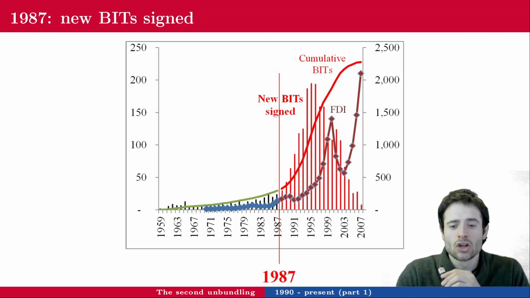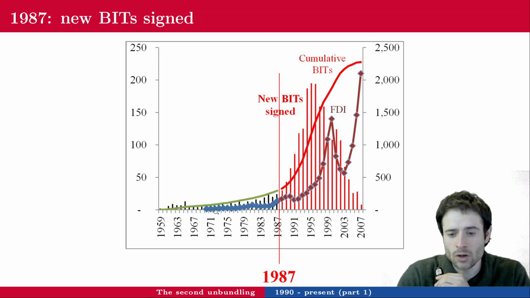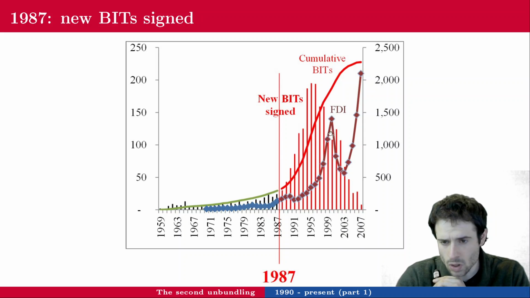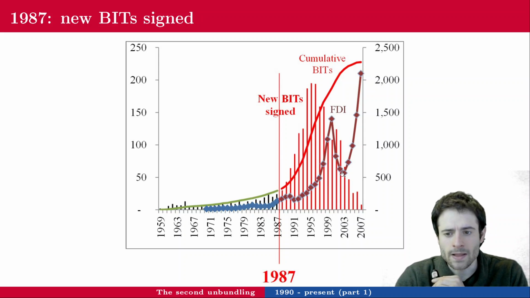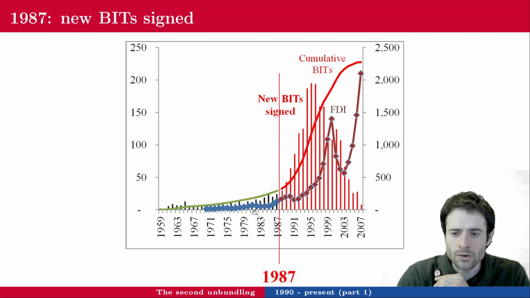You can see that the number of foreign direct investments also increased in a very similar fashion. I'm not sure about the trough here at the end of the 1990s. That could be the internet bubble at the beginning of the 2000s that probably limited the FDIs from the north to the south. But you can see that the pattern follows the number of BITs being signed.